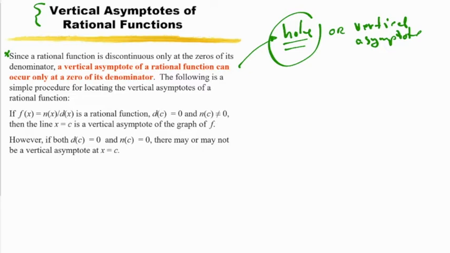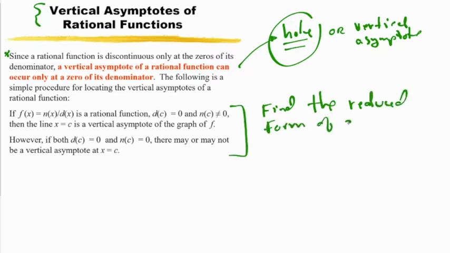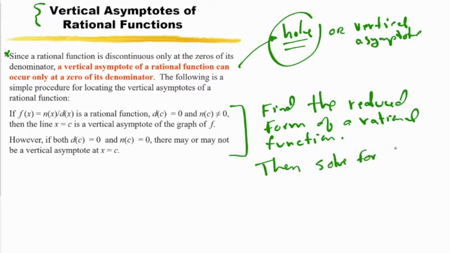So the following is a simple procedure for locating vertical asymptotes of a rational function, and we did this in our algebra review. Basically, you want to first make sure the fraction is reduced. So find the reduced form of a rational function, then solve for the zeros of the denominator.